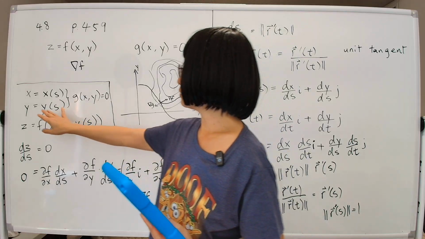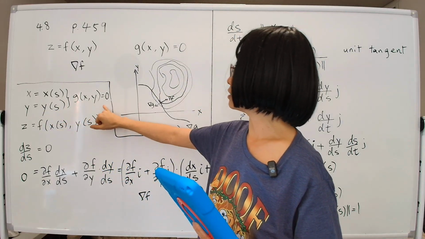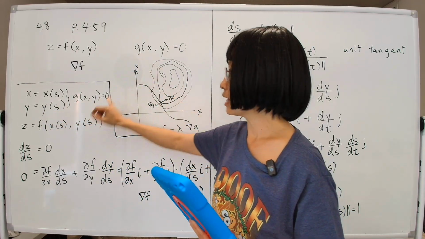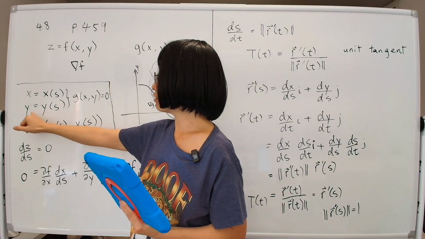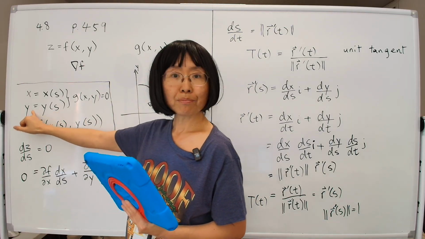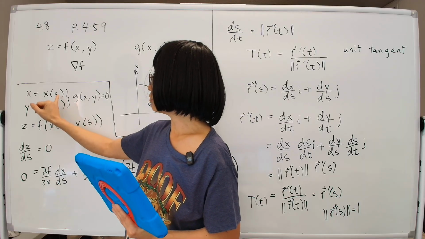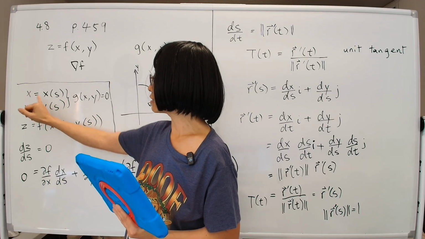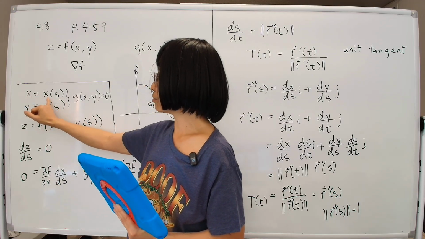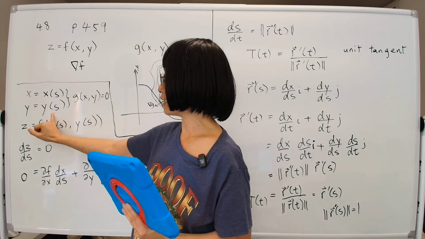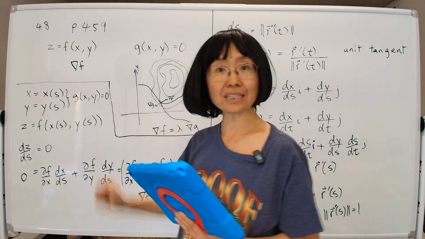First, we will say g(x,y) equal to 0. That's what we're given. That's a curve, and we're going to represent that curve with a parameterization. That is, we'll plug in some s in such a way that x equals x(s) and y equals y(s), and when you plug it into g it'll fit.